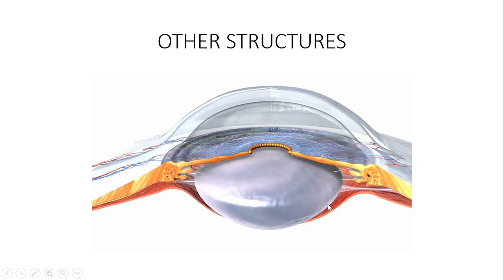Among the crystallines are alpha crystallines, beta crystallines, and then gamma crystallines. Instead of crystallines, you can also call them proteins. You can have alpha proteins, beta proteins, and gamma proteins.